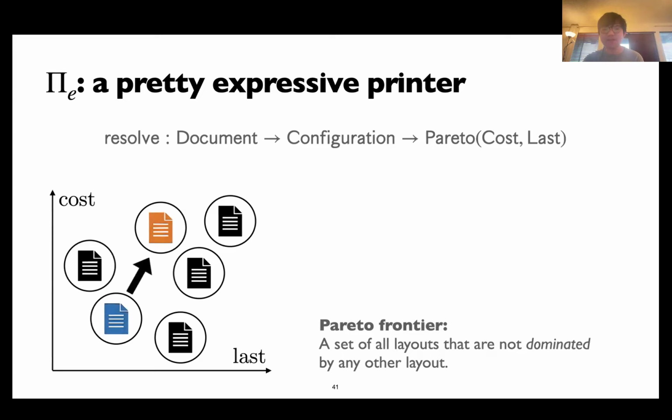For example, in this diagram, we have the blue layout dominating the orange layout because it's better in both axes. It's better in both the cost axis and the last axis. And so what resolve is going to do is output this Pareto frontier, right? This is a set of things that are not dominated by other things.